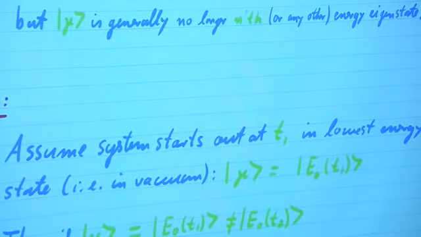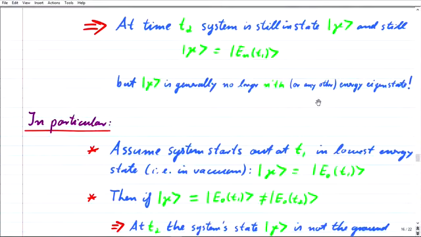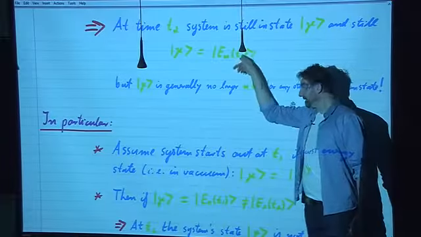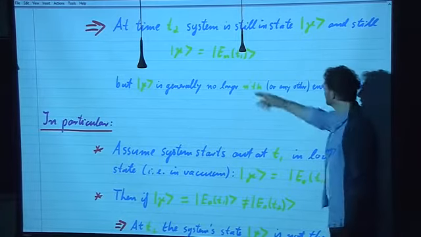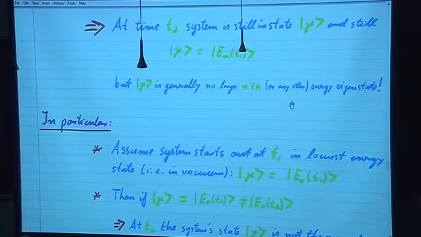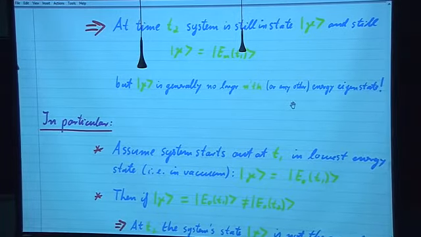That means that at time t2, at a later time, at the final time, let's say, we perform a measurement there, our system is still in the state gamma, which is the nth eigenstate of the system at time t1. But gamma is no longer the nth or any other eigenstate of the Hamiltonian at time t2.